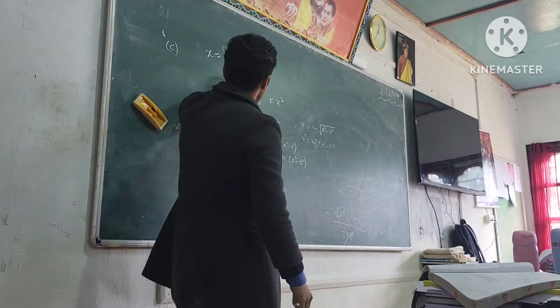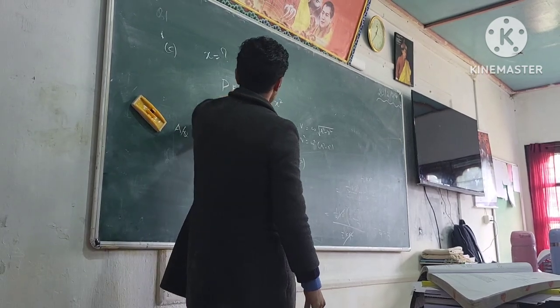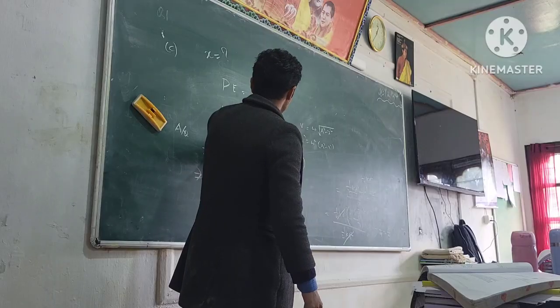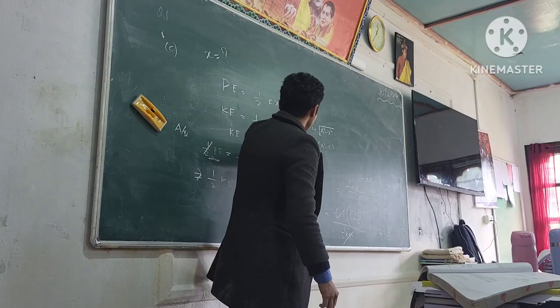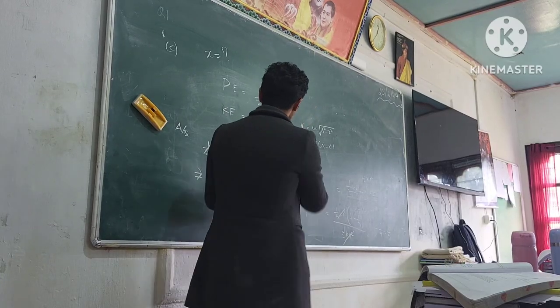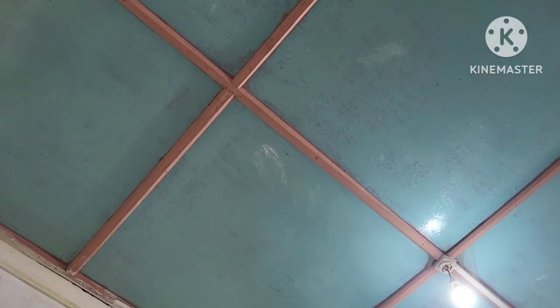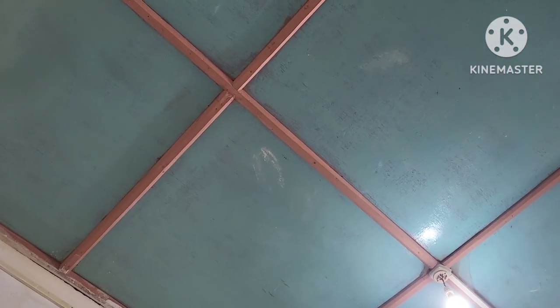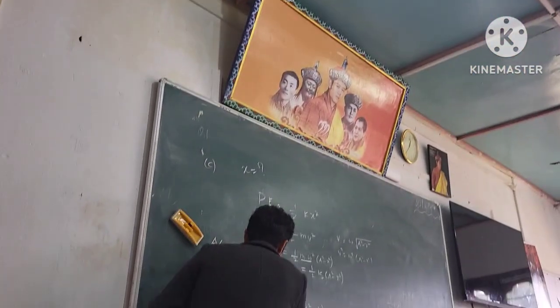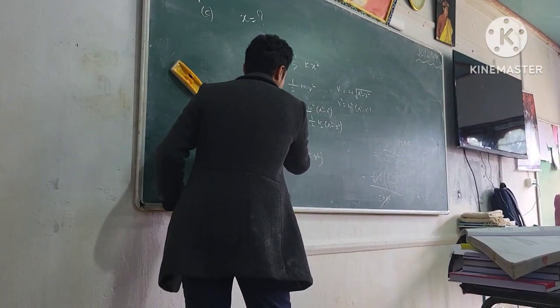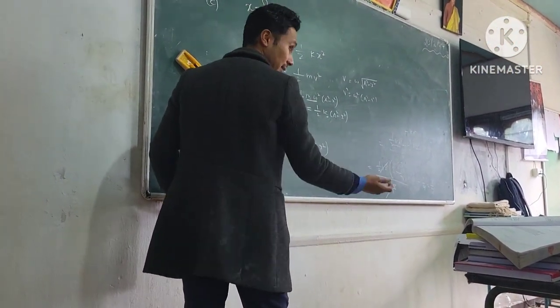Potential energy is half k x square. Kinetic energy is half m v square, and v square is nothing but this. And m omega square is nothing but k, so I can write kinetic energy like this. Now how to solve this one? You have to find x, right? Half k, can I cancel it out?